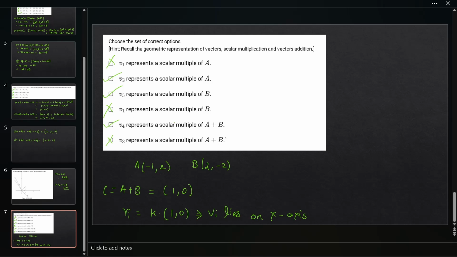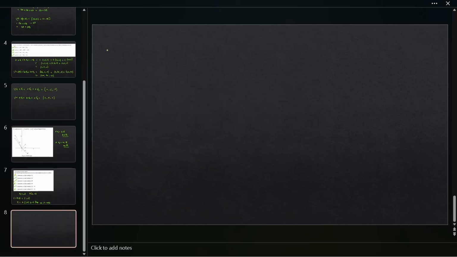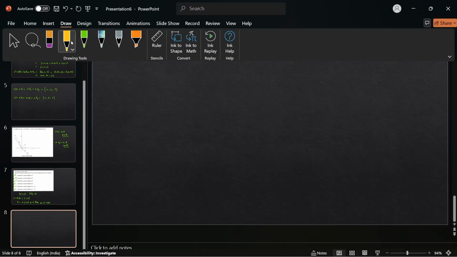Now, there could be some confusion when people say that it could be represented as a linear combination of A and B. So a linear combination of A and B would mean, let's write that on a different page. It's just the difference in terminology.